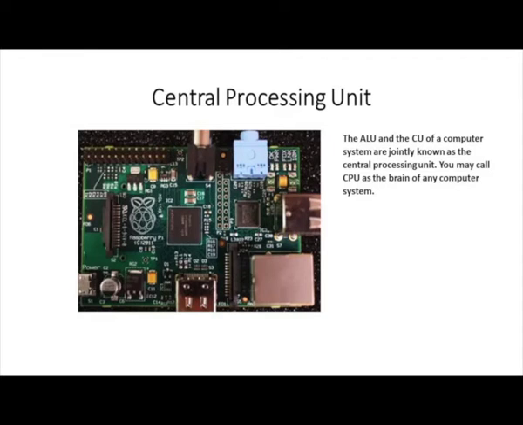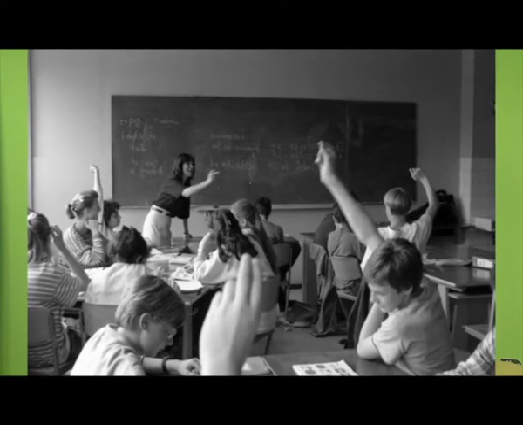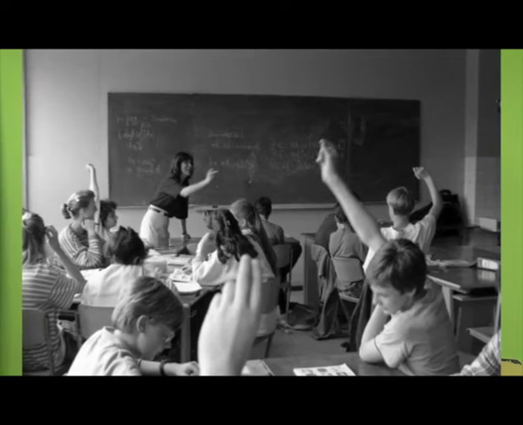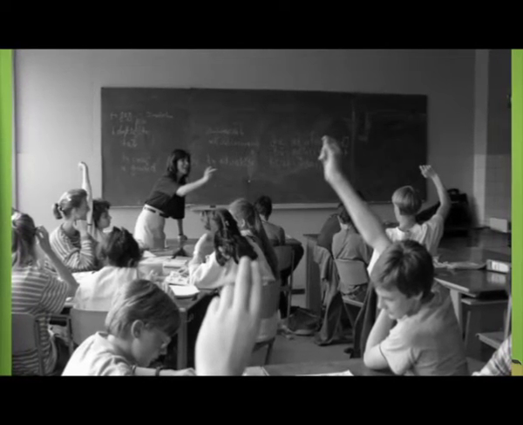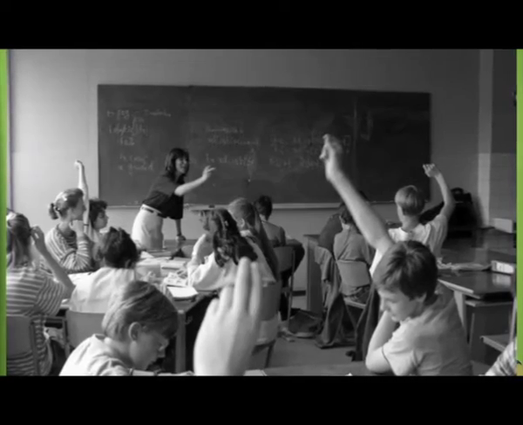Now, let us visit the functional units of a computer. Here we see the central processing unit in much more detail. As I already said, it is the brain of the computer, and here we see that it has some blocks.